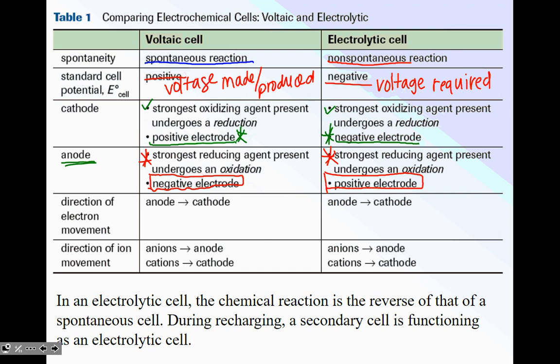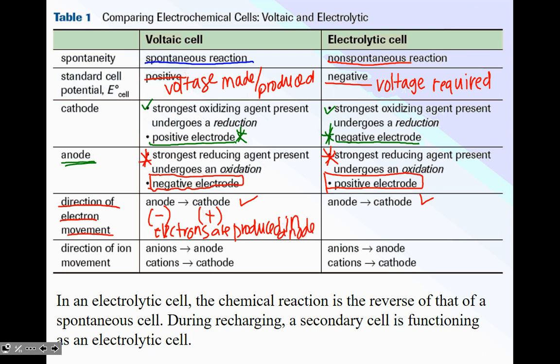Let's take a look at the direction of electron movement. It goes from the anode to the cathode in both. In a voltaic cell, the anode is your negative and the cathode is your positive. That's because your electrons are produced in the anode, okay? Or at the anode.